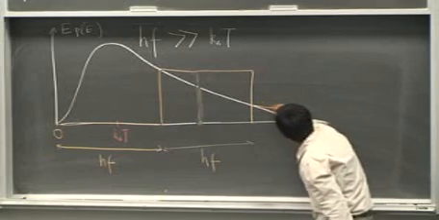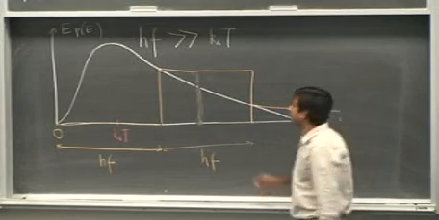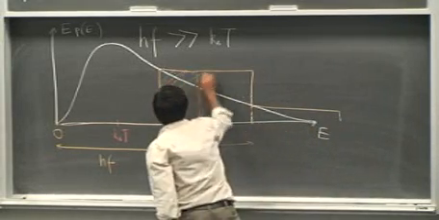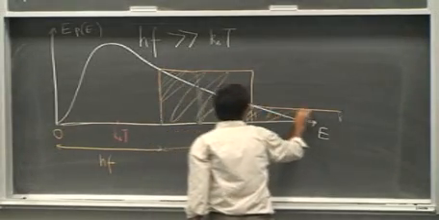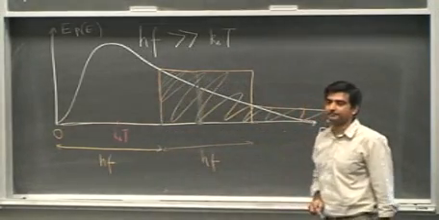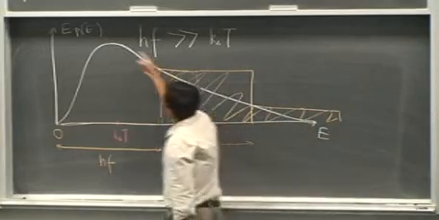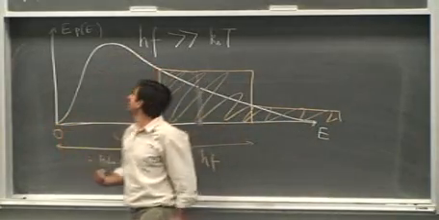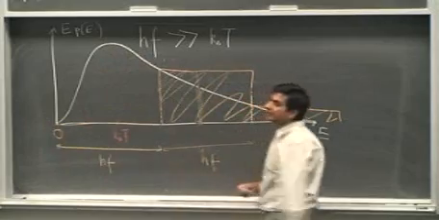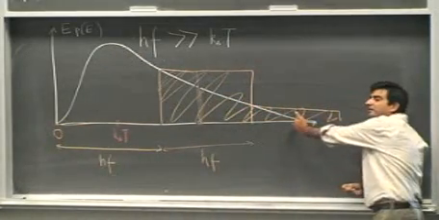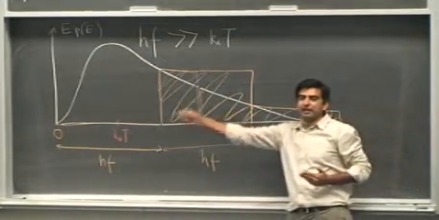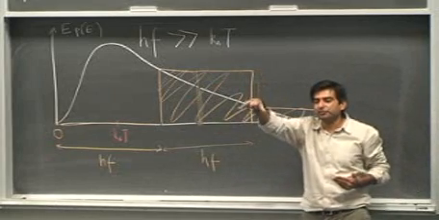Then you take the next rectangle, and you find the sum of the areas under these rectangles, and this will not be the same as the area under the continuous curve. If hf is much larger than kBT, your rectangle will start very far from the origin, and the area under that rectangle will be almost 0.